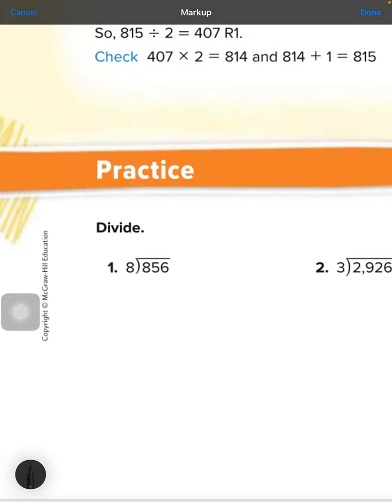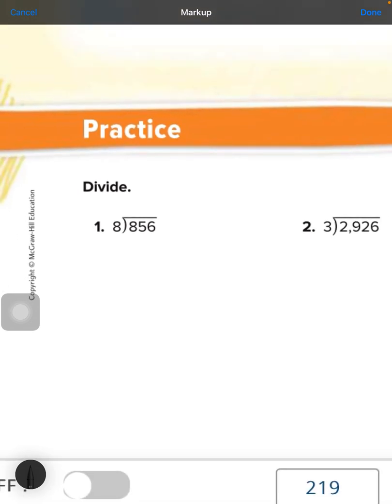This is a good idea to grab some graph paper. I'm going to blow my page up so I can do my work. All right, let's begin. Number 1, 8 will go into 8 one time. 1 times 8 is 8. 8 minus 8 is 0.